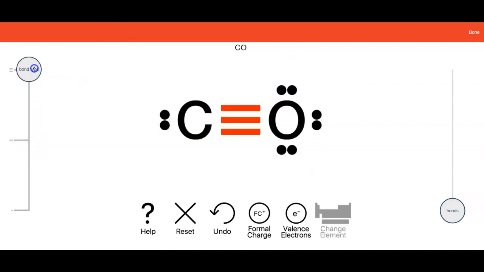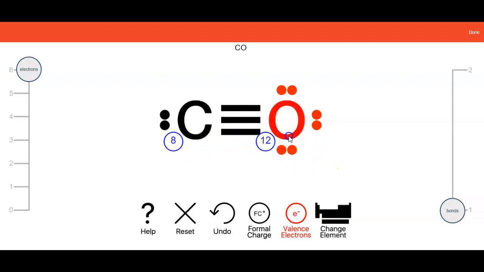So if I try another bond, now if I check for my octets, valence electrons. This one has 12. Something's not going right here. I've got 12, but I've got a triple bond.